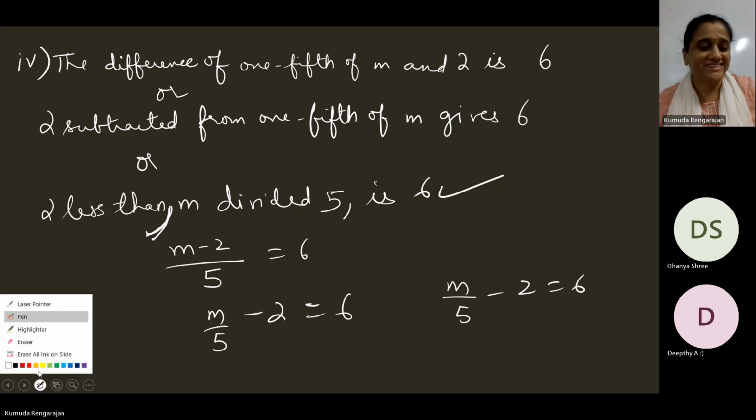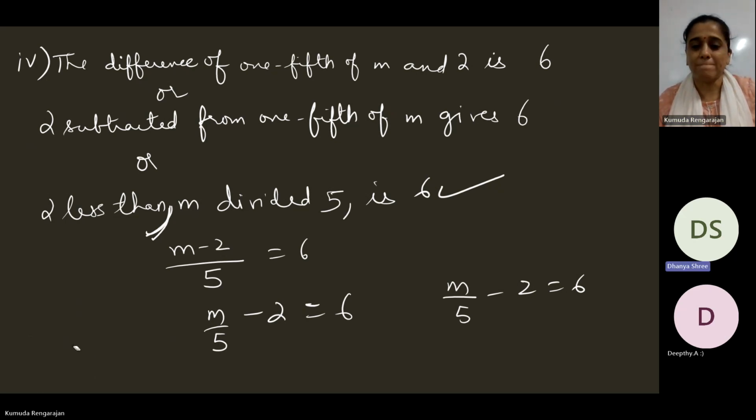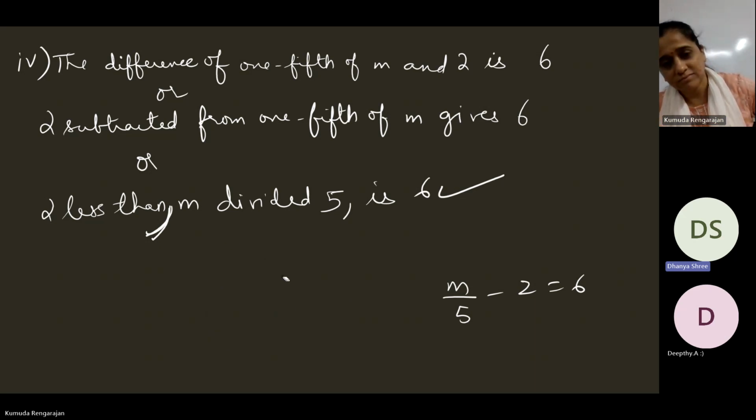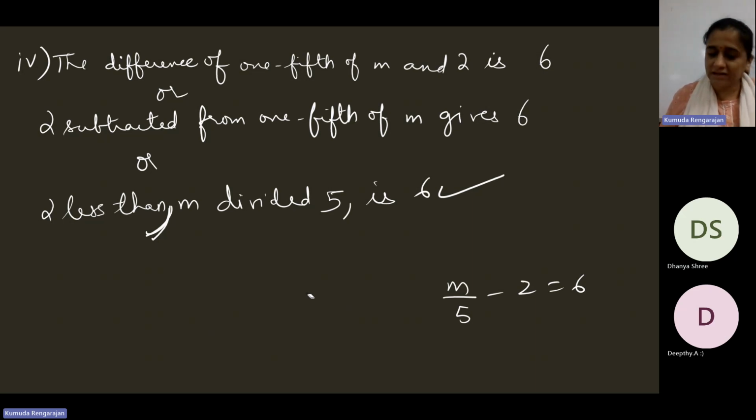Ma'am? Yeah? Will it come like 2 taken away from a number m divided by 5 gives 6? Yeah, 2 taken away, correct. Instead of less than, you can say taken away. 2 taken away from, comma, m divided by 5.